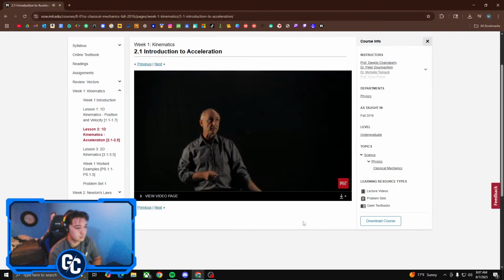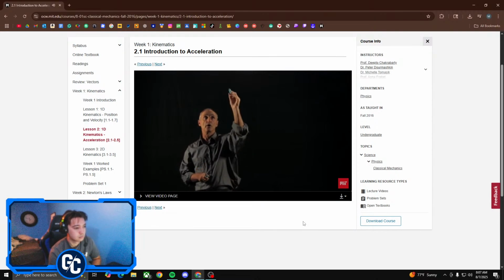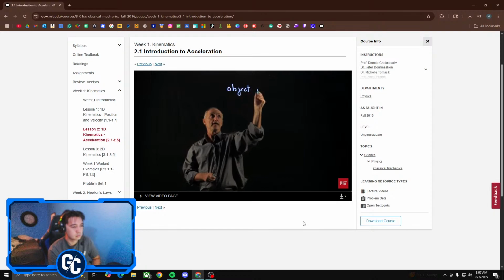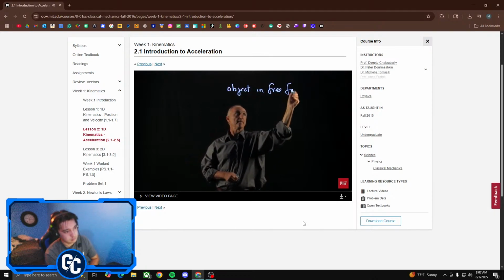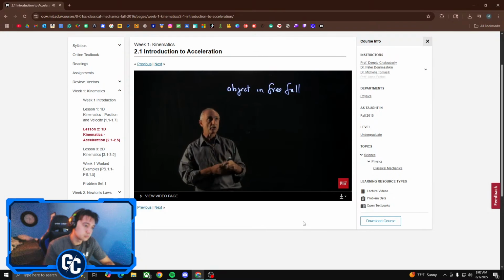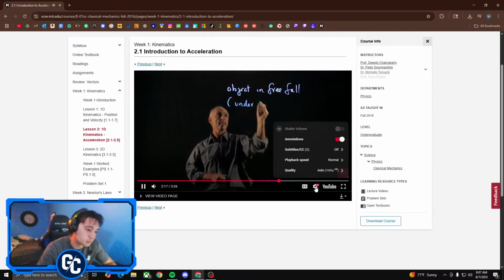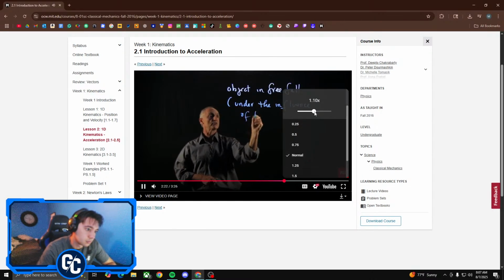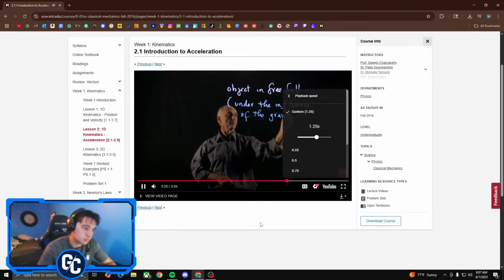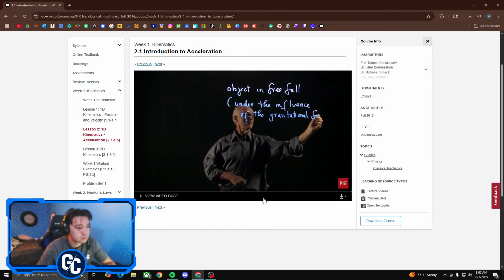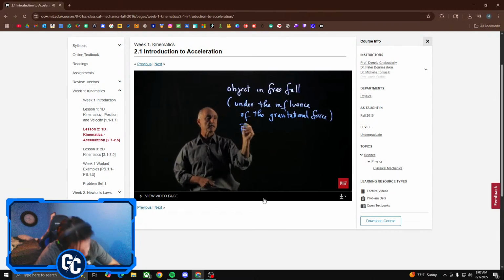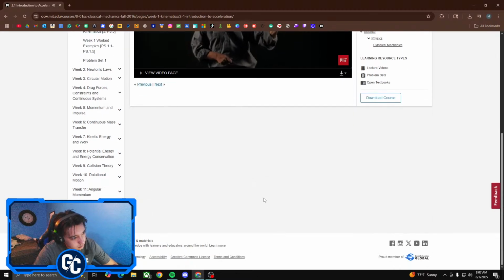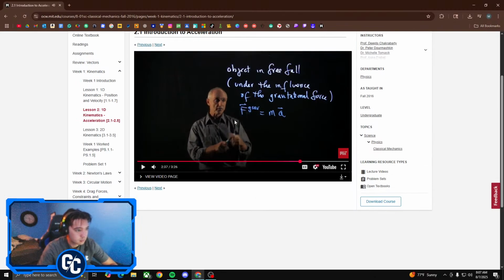And when this object was at the top of its motion, I didn't turn the Earth off. So there's still a gravitational force. And so for an object in free fall, which means under the influence of the gravitational force, we can conclude from Newton's second law that the gravitational force is ma.